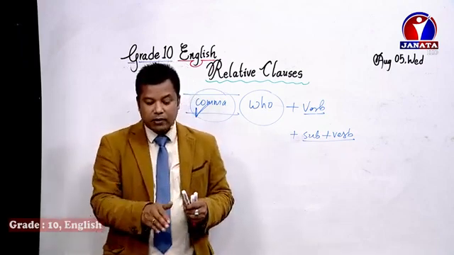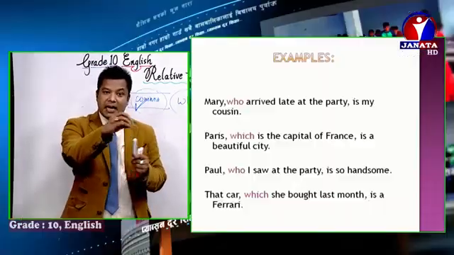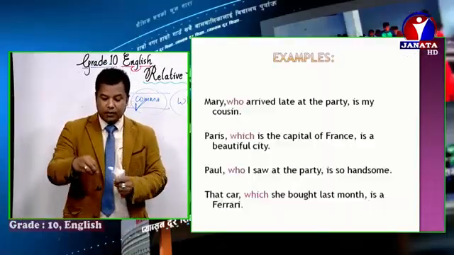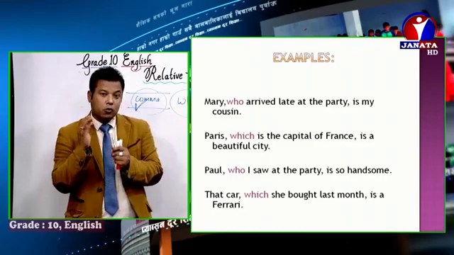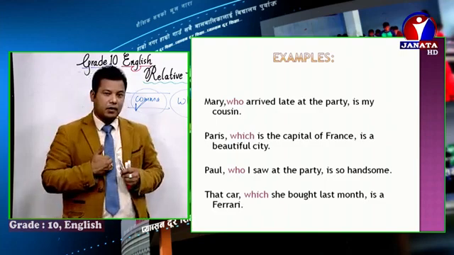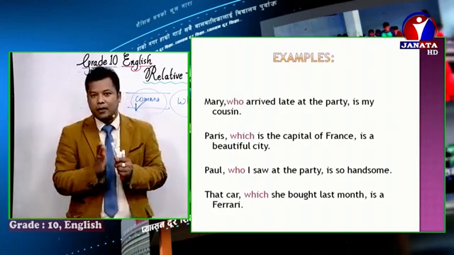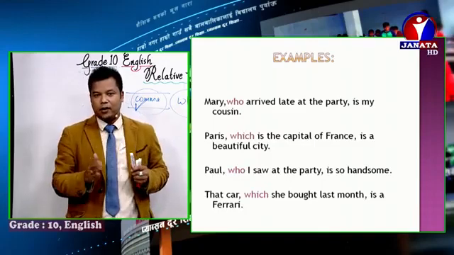So when I use it without a comma, Mary who arrived late at the party is my cousin. There were many Marys at the party, but only one arrived late, and that is my cousin. The other Marys are not my cousin. So that is your understanding with the use of a comma and no comma, and therefore it's always important.